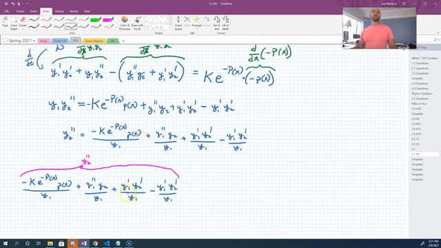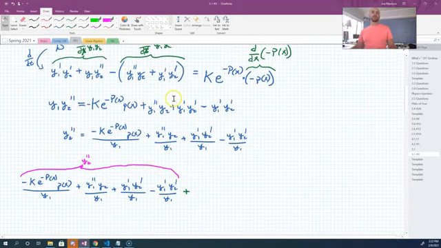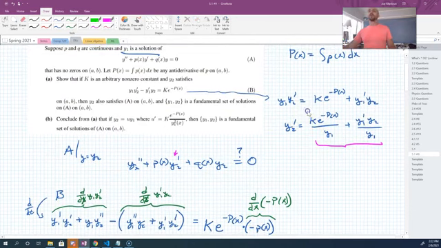And then I have plus, and if I look at my differential equation, I'm supposed to have p of x. So I'm going to have p of x. And then right here should be y2 prime, right? Because I'm trying to check and see if this is satisfied. So I'm going to take y2 prime from right here.